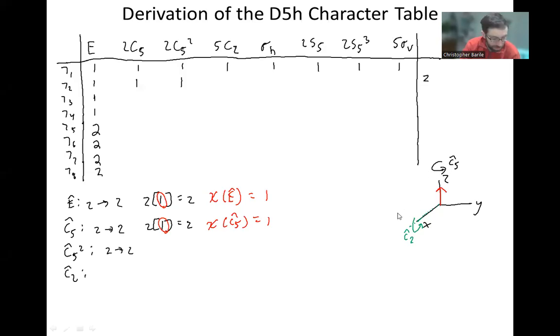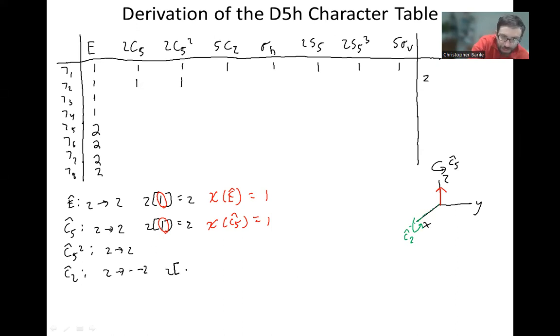So anyway, for this C2, we're doing a 180-degree rotation along the x-axis, right, we're rotating this way now. That's going to take a z vector and flip it into the negative of itself. And so our answer here is actually that z is going to go to negative z.